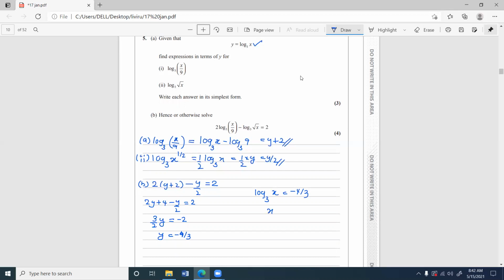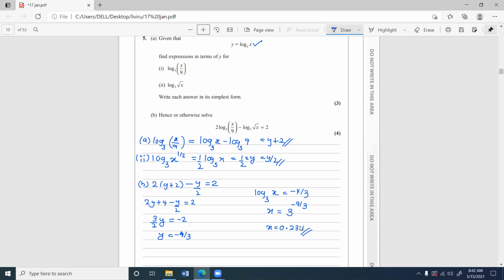Then we can write x equals 3 to the power minus 4 over 3. So with that, you can obtain the final answer: 3 to the power minus 4 over 3, that is 0.2311. That's a way of obtaining this answer.